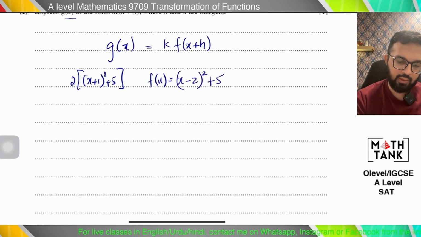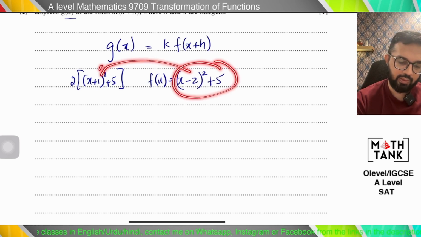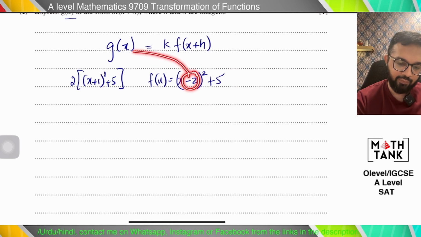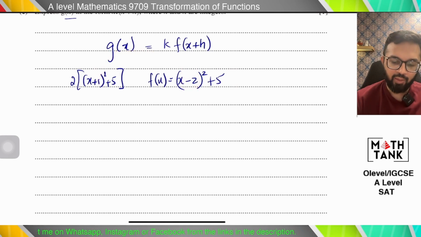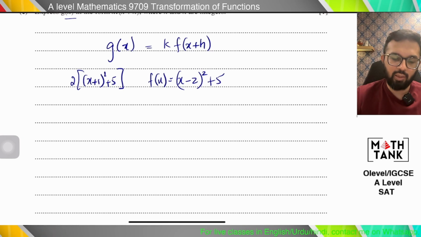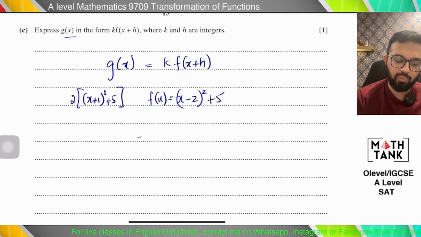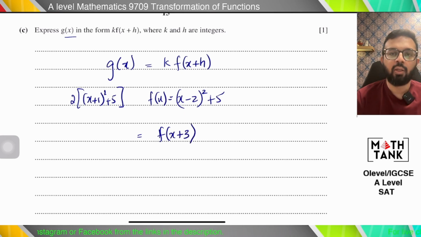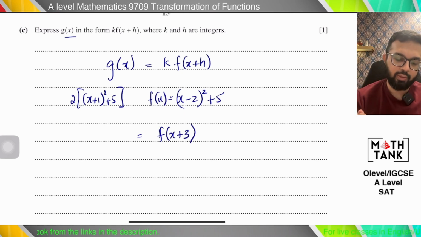So what I see is that this sort of matches what is inside. The only thing that's changed is that I went from minus 2 to plus 1. That means that the turning point previously, if I just compare the inside, was 2 comma 5, and now it's minus 1 comma 5, which means that the graph has moved backwards. Each x was probably replaced with x plus 3. It's going to be f of x plus 3 for me to move the turning point 3 units backwards.